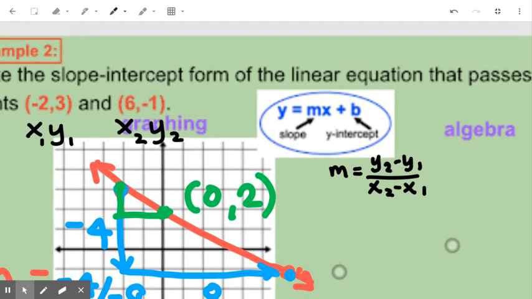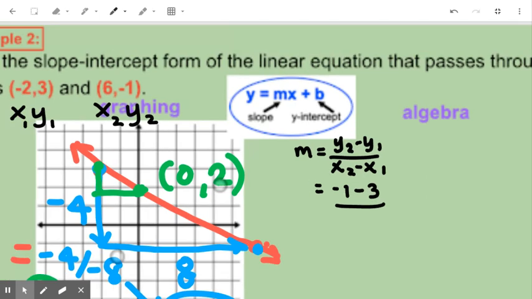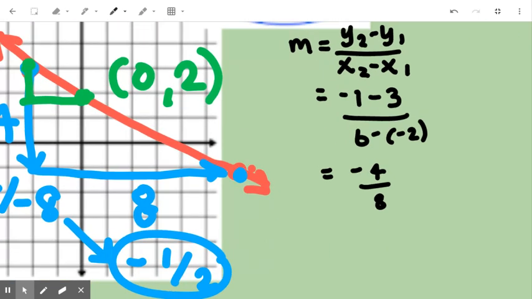So I'm going to have -1 minus 3 over 6 minus -2. If I simplify that, I get -4 over 8, which reduces to -1/2. So my slope is -1/2.